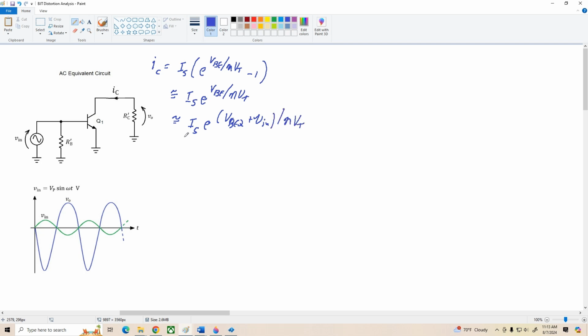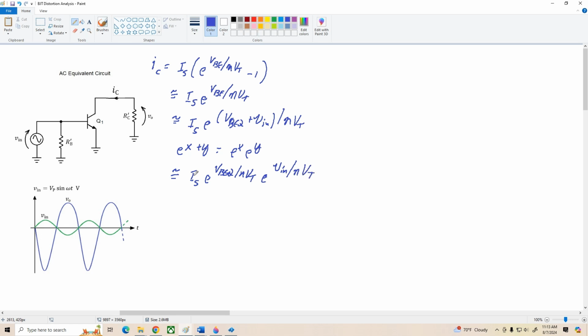Now we're going to use a rule of exponents where e to the x plus y is equal to e to the x times e to the y, and making that substitution here, we end up with I sub C equals I sub S times e to the VBEQ over eta times VT times e to the Vin over eta times VT.